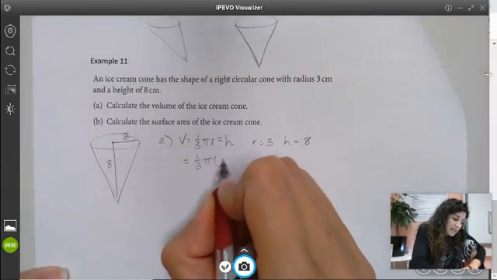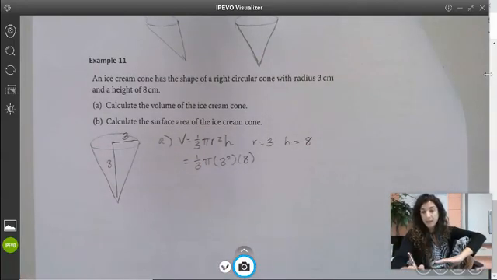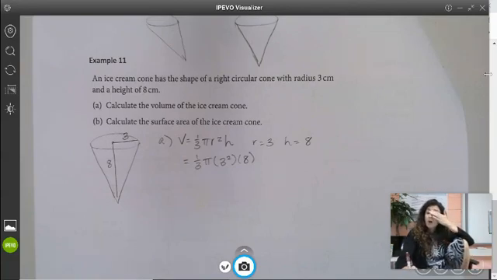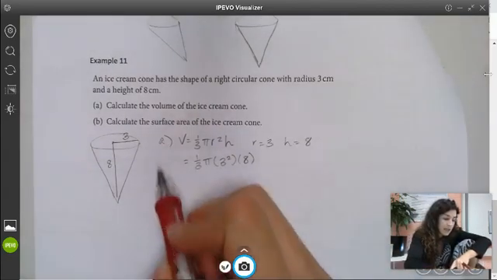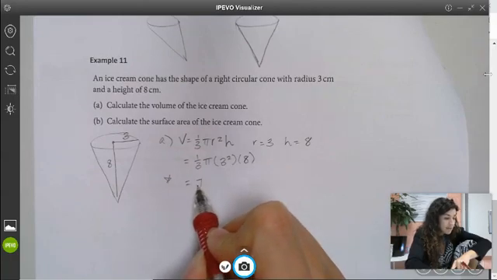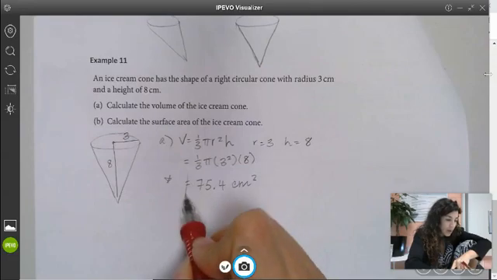So 1/3 times pi times 3 squared times 8. Please remember that when you put in this formula you are also multiplying by the exact value of pi, which is in your calculator. So go ahead and calculate that out. You should have gotten something along the lines of 75.4 centimeters squared.